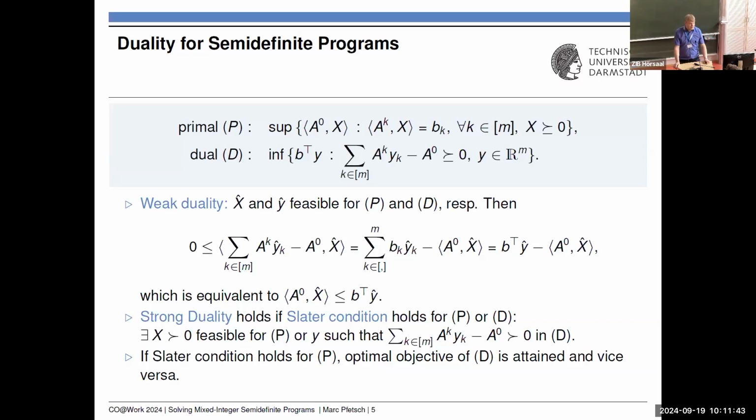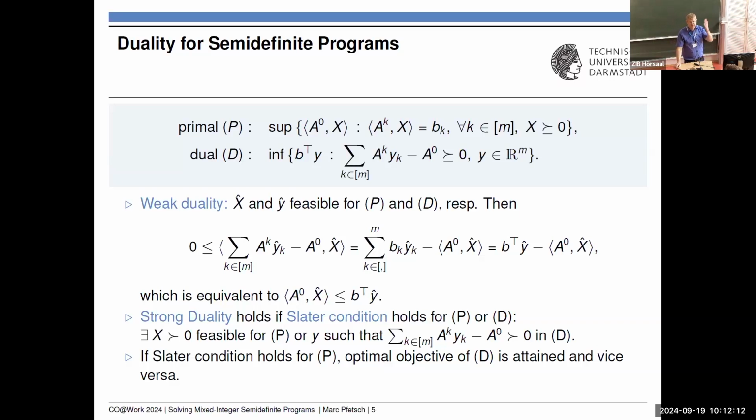Now we multiply everything out, and we get this relation because Ak times X hat is bk, because of the constraints of the primal. So we just plug this in, and we get the sum over bk y hat k, and then the inner product of A naught with X still staying there.